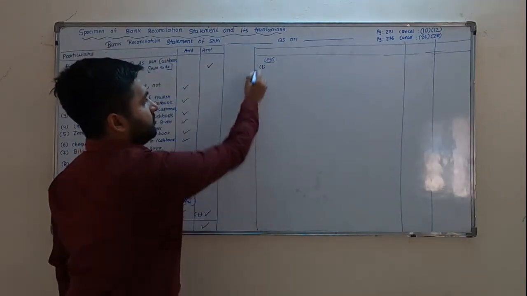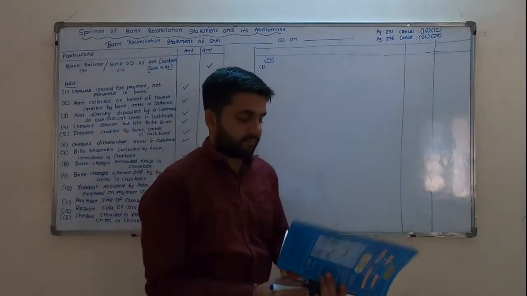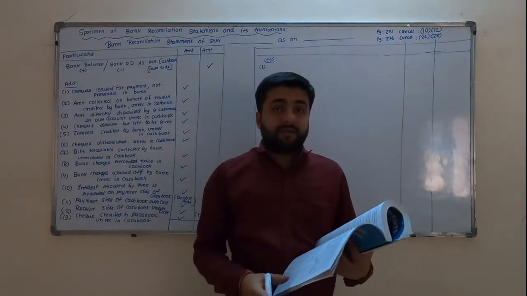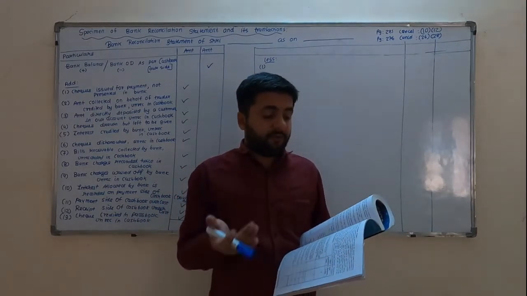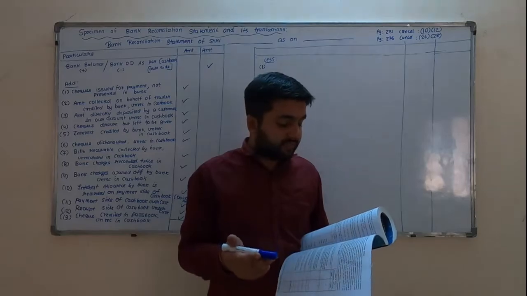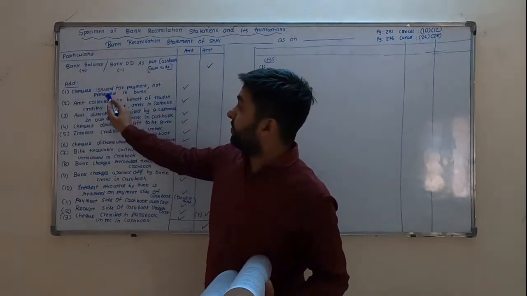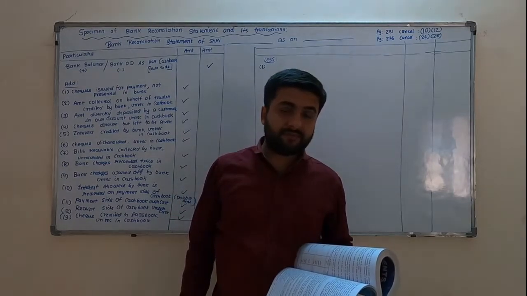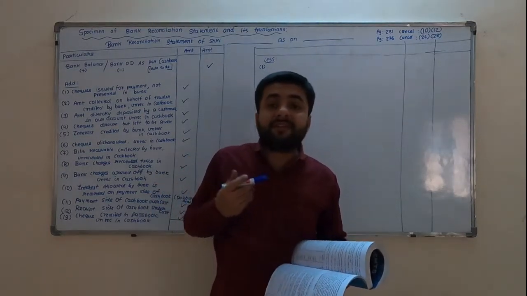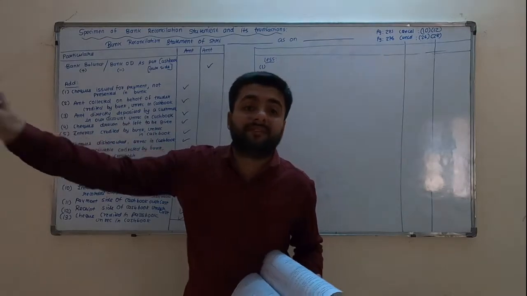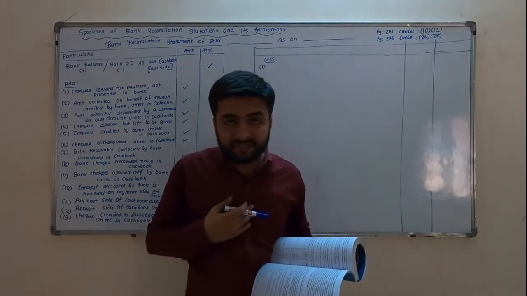Okay. Now, number 1. Checks received from customers, deposited with bank but not collected by bank. Totally opposite of this transaction. We are receiving the check. Here we are giving the check. We are receiving the check.